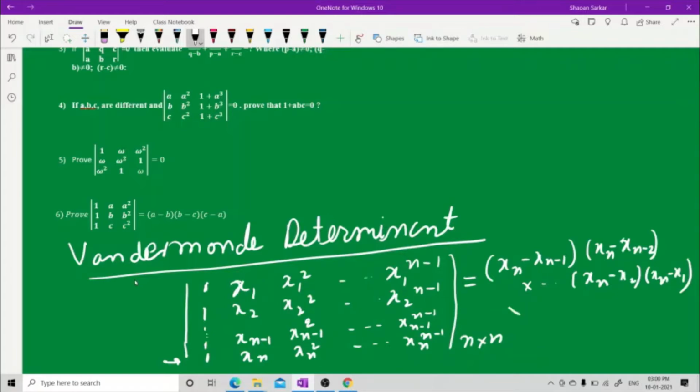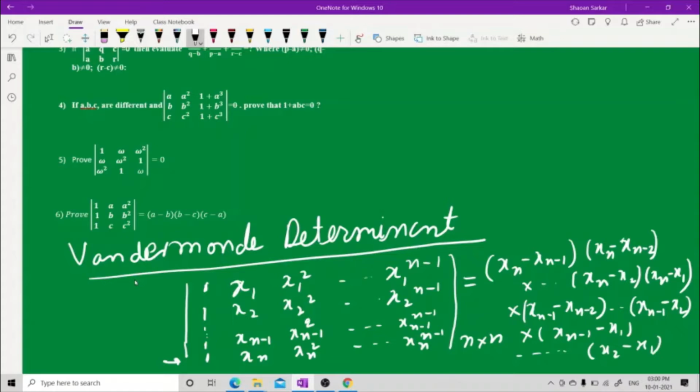Now continue with the multiplication: x(n minus 1) minus x(n minus 2), up to x(n minus 1) minus x2, into x(n minus 1) minus x1, and continue with this multiplication till you have x2 minus x1.